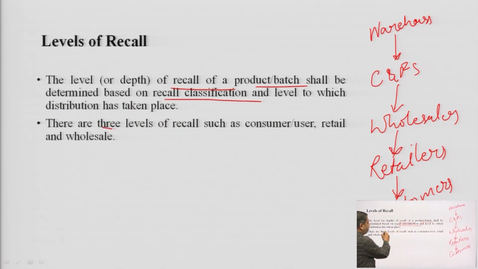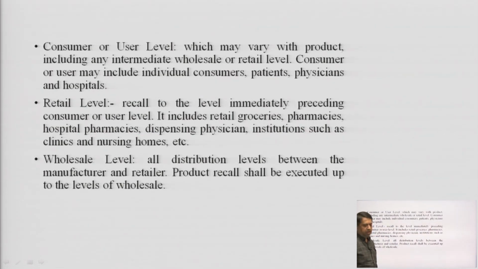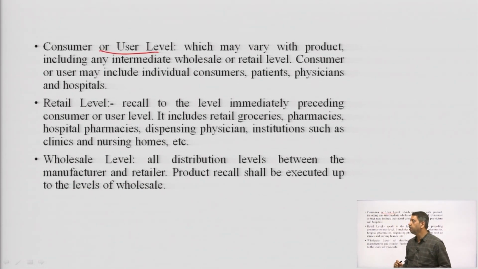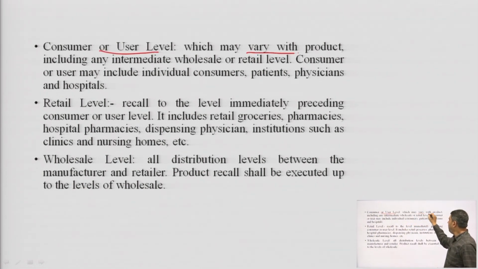So, there are basically 3 levels of recall: consumer or user level, retailer and wholesale level. The consumer or user level may vary with the product, including an intermediate wholesale or retailer level.